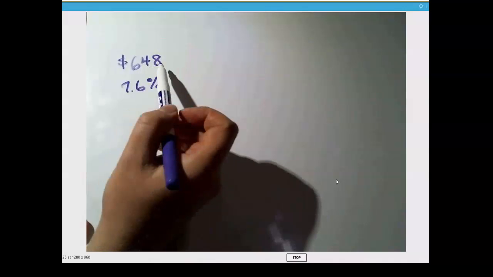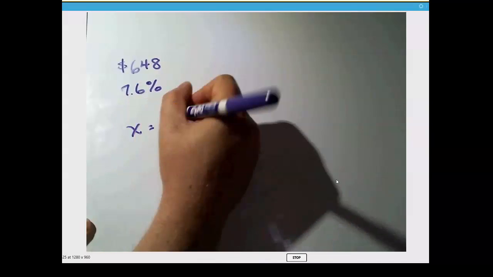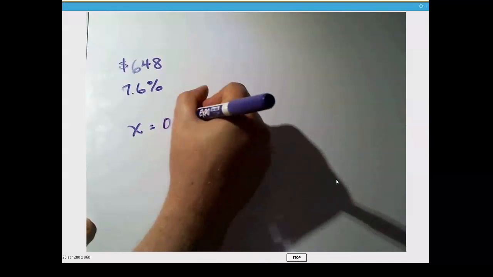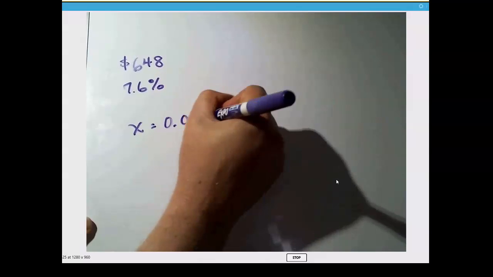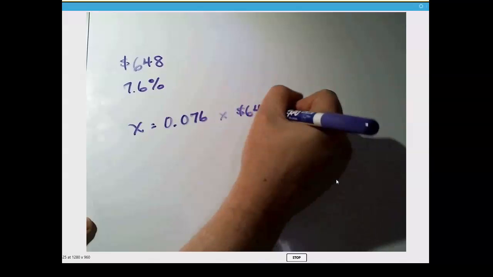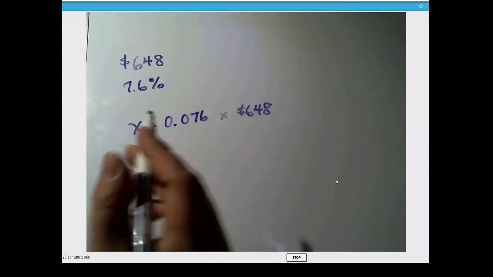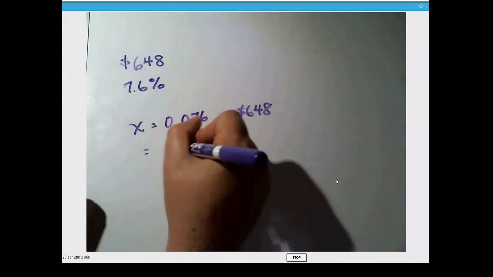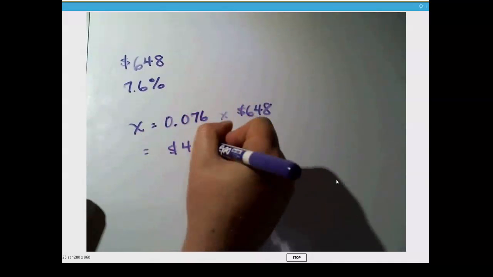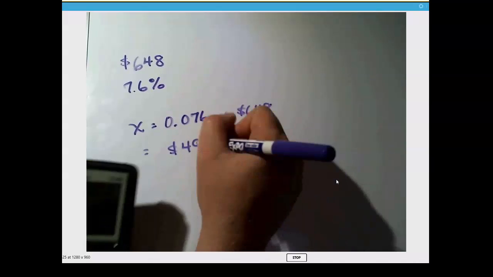If you do it with the 0.076, like you said, and then multiply by 648, that should give you the tax that I had before, 0.076 times 648. It gave me $49 and about 25 cents.